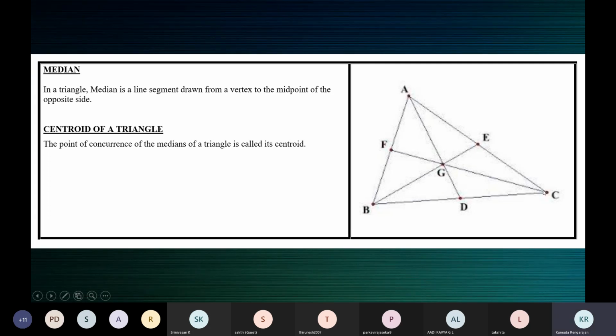From the vertex to the centroid, 2 parts; from the centroid to the midpoint, 1 part. So the result is the centroid divides the median in the ratio 2:1. The three medians in a triangle are concurrent, and the point of concurrence is called the centroid.